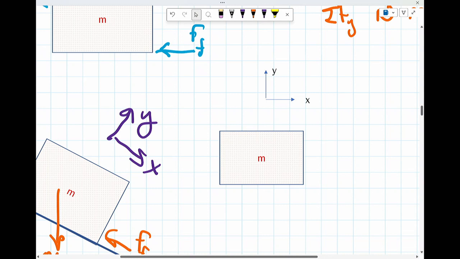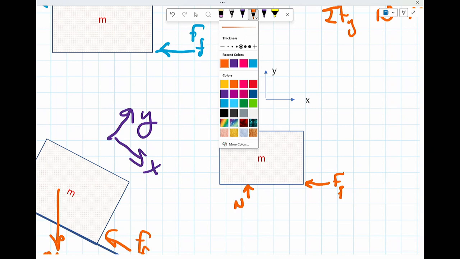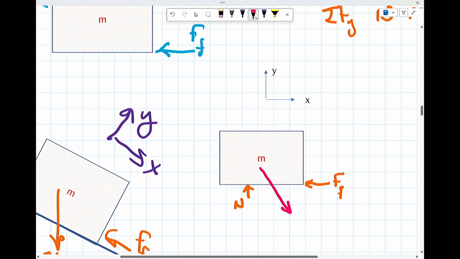And I end up looking at this. So I have my normal force, which is acting upwards in my coordinate system. However, I have force of friction, which is acting downward, or up the ramp. But I also have that weight force. And the weight force is going to be acting at an angle because of the way I've defined the coordinate system.